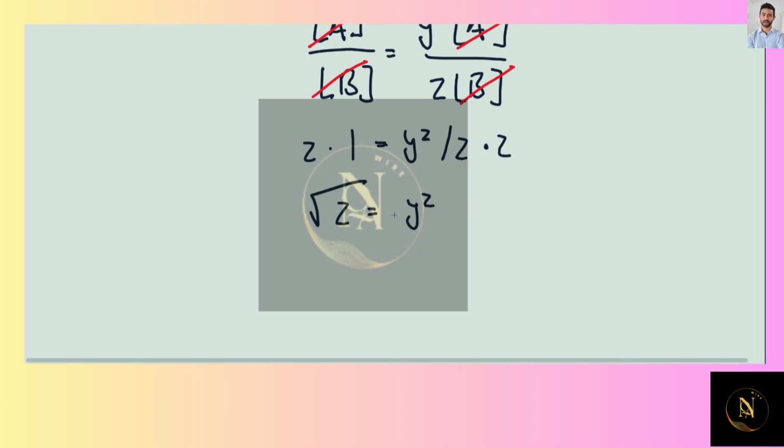Then we take the square root of both sides to solve for y: root 2 equals y. And what is the square root of 2? It's like 1.4 or something. I have to look it up real quick, I never remember. 1.414. So 1.414 equals y.